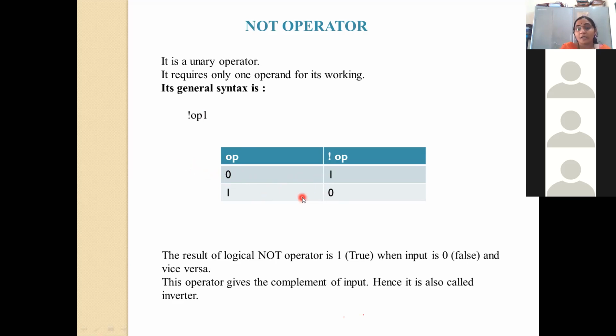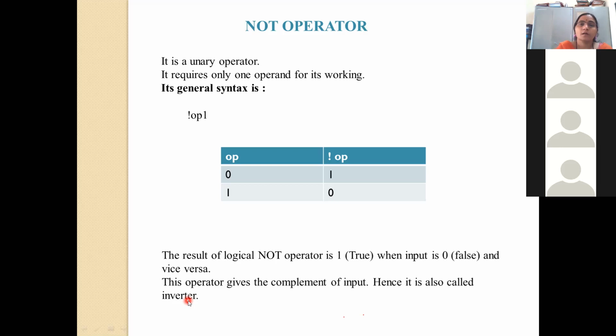Means it exactly complements the input. And that's why it is also called the inverter. Why is it called an inverter? Because it just inverts the input. If the input is 1, then the output is 0. Or if the input is 0, then the output is 1. And that's why it is called the inverter, or the complement operator.